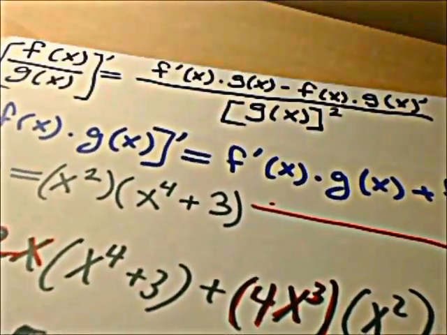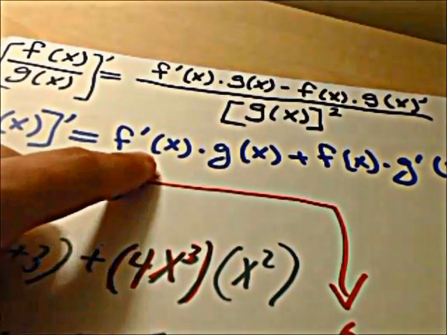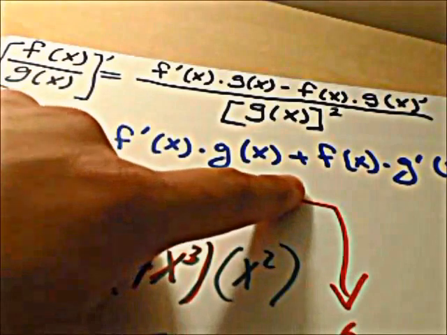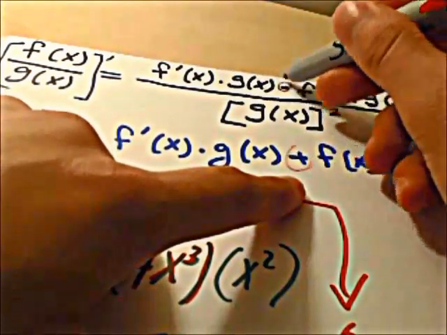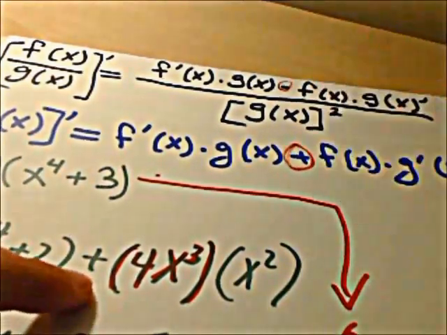I'm saying this and that a lot, but I'll show you the difference between the product rule and the quotient rule. Remember the product rule: what you used to do is differentiate the first one times the second one plus, and that's very important, plus the differentiation of the second one times the first one. The plus and minus are really important. You know why?